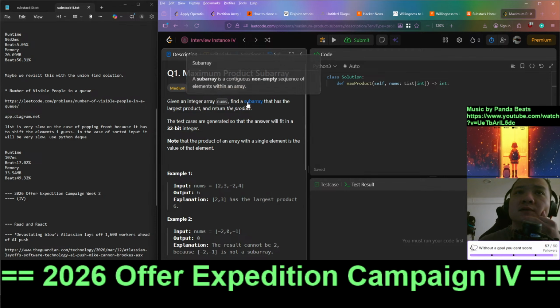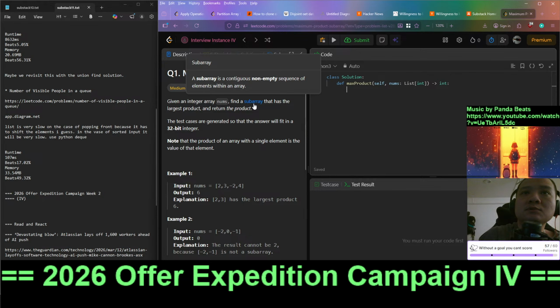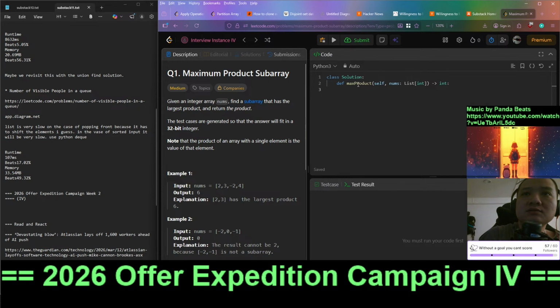Subarray. Is it continuous? Okay. Is it continuous, right? So you have to do this, multiply by these.